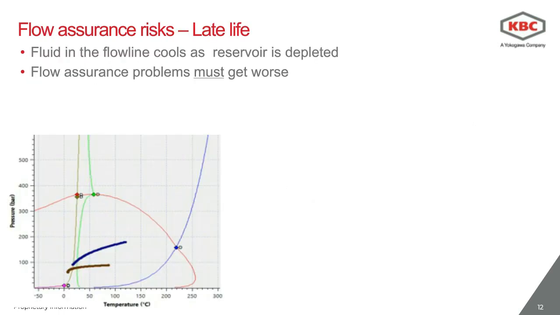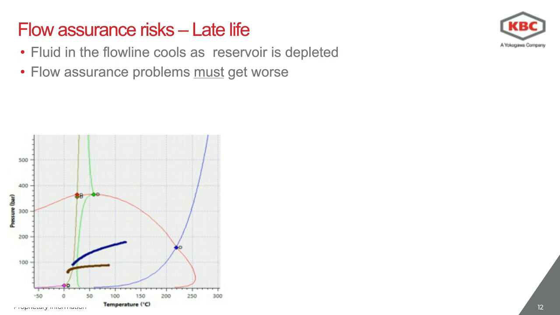So this is a picture at the early life. We can start looking then at what one might expect in the late life. We said that things are going to change. Let's see how much they're going to change. We know that the pressure at the bottom hole in late life is going to be lower, below 200 bars, than it was in the early life.